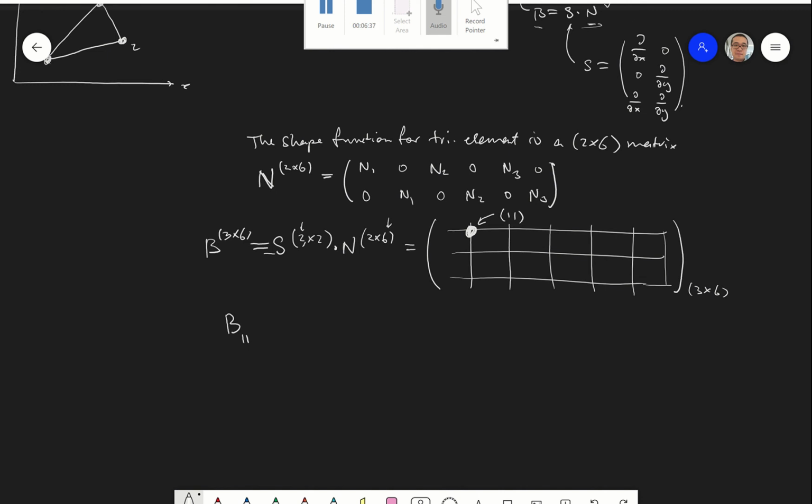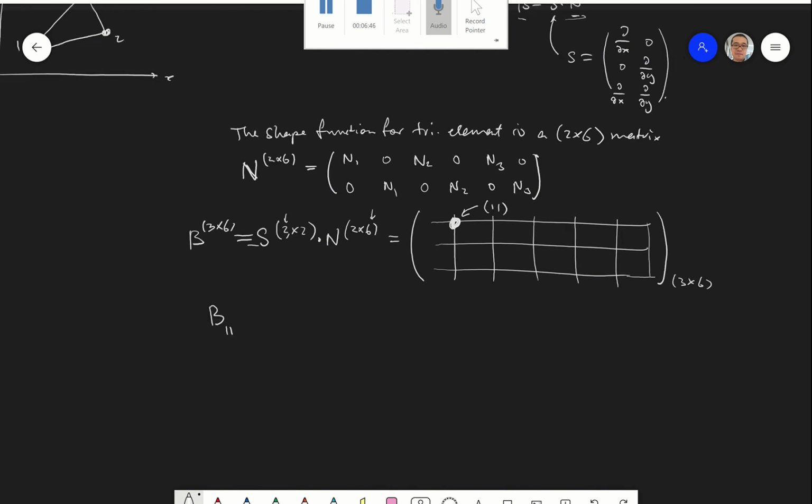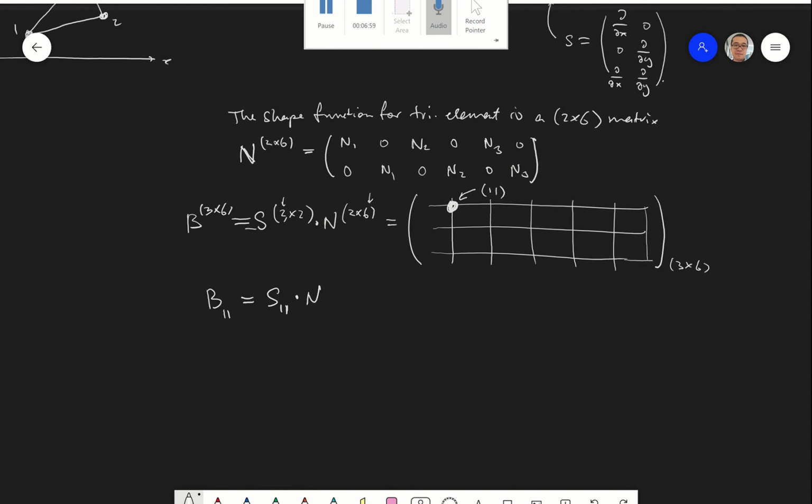We know that from the matrix product, this will be given by the first row of S times the first column of this big N, the first row and first column of the matrix element for N. So basically here is this times this, and sum it together, and the next term will be S12 times N12.